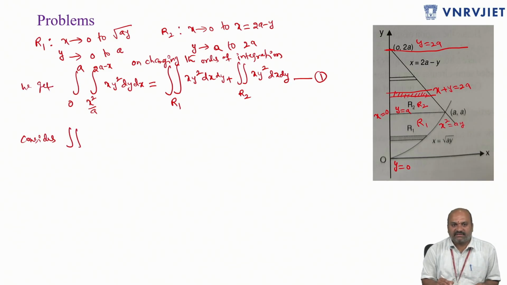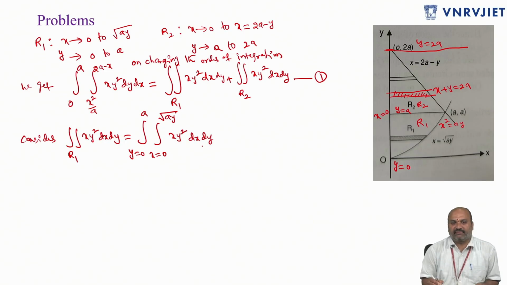Let's consider first evaluating the double integral over the region R1 of xy square dx dy. That is equal to the integral. So what are the limits in the region R1? The y limits are constants 0 to a and the x limits are 0 to root over ay. It is xy square dx dy. Let's evaluate.